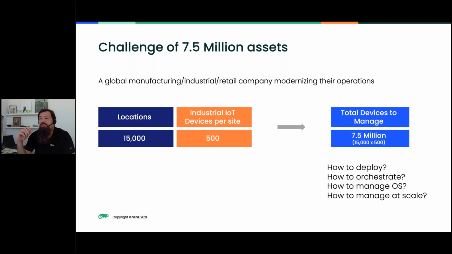All of a sudden, 500 devices is a very reasonable number of things that you're adding in that you have to manage. And then doing that simple math, we're at 7.5 million devices. It's amazing how fast this scale grows when you start looking at these edge solution sets.